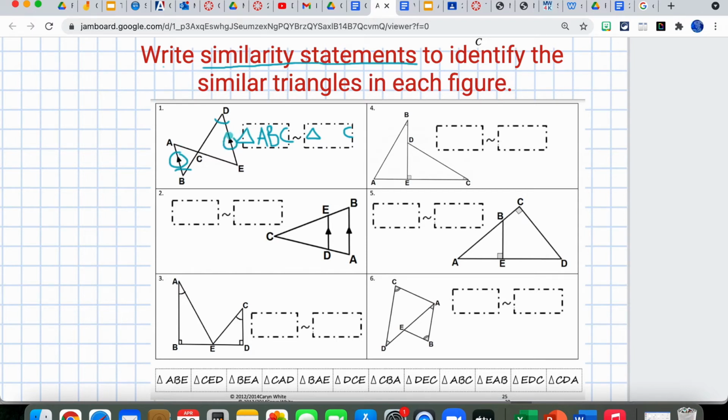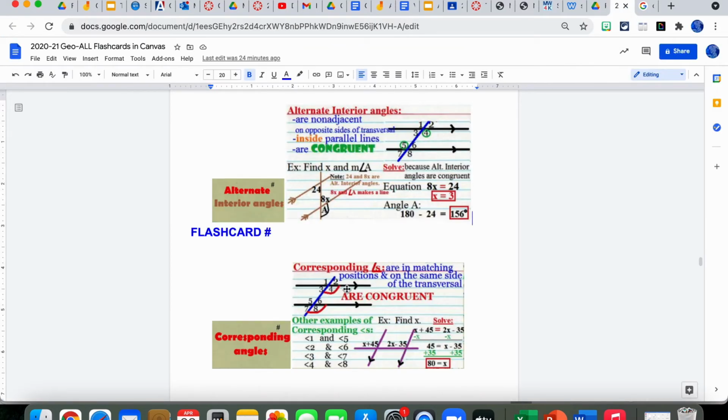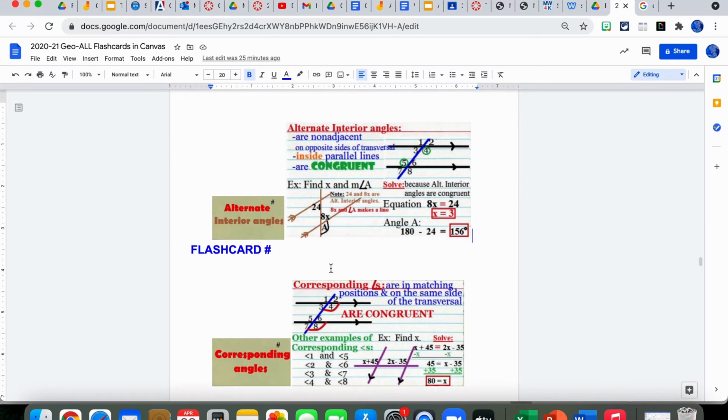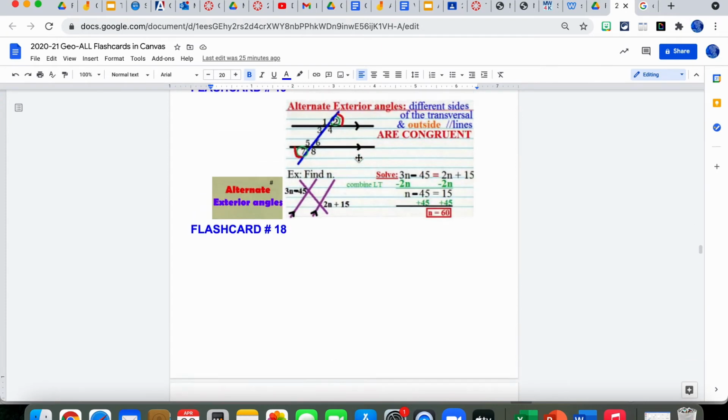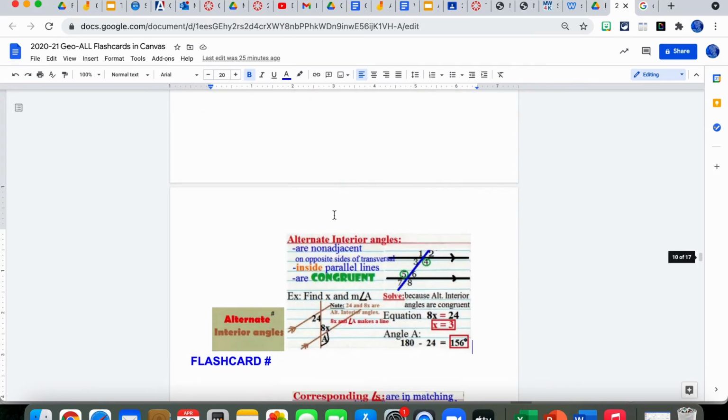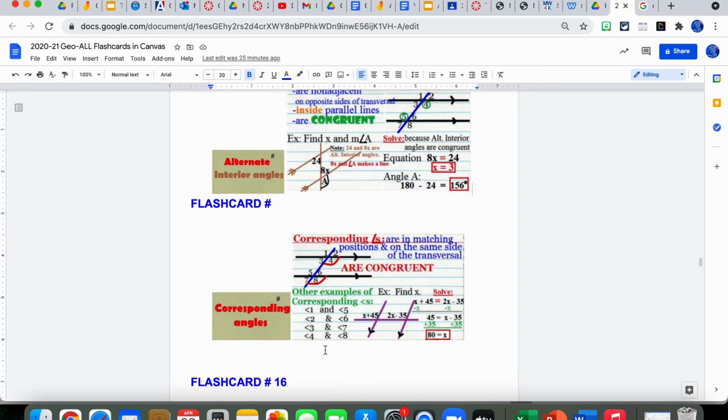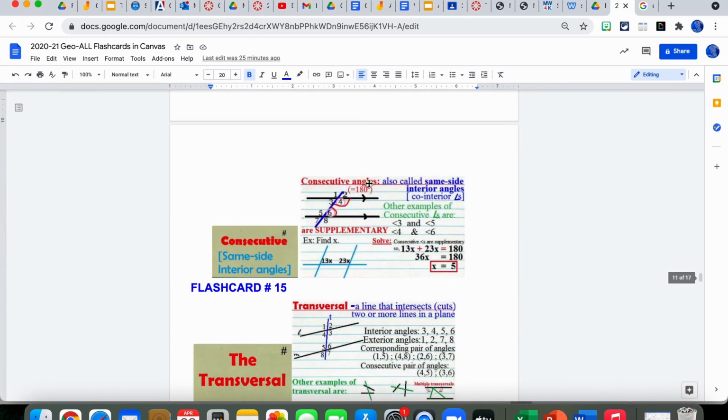You see these geometric notations. If you can review your flashcard on alternate interior angles, alternate exterior angles, and you will remember when we have parallel lines, we have the alternate exterior, alternate interior, corresponding angles, and consecutive angles.